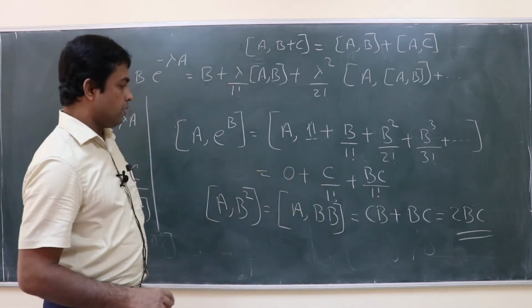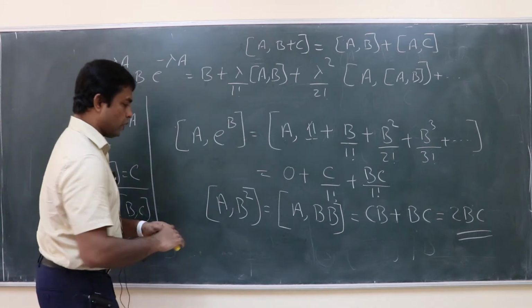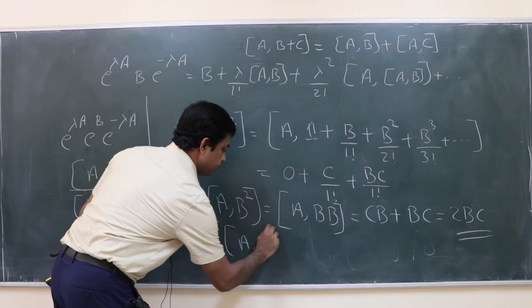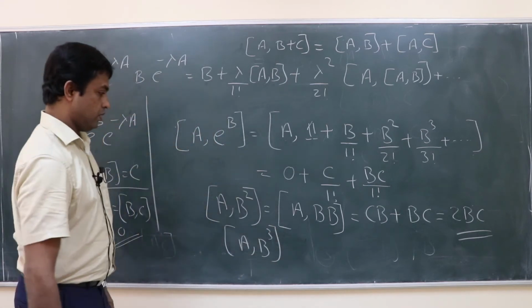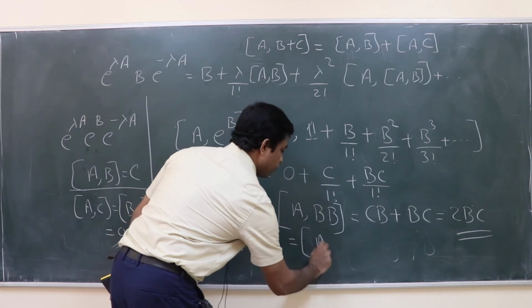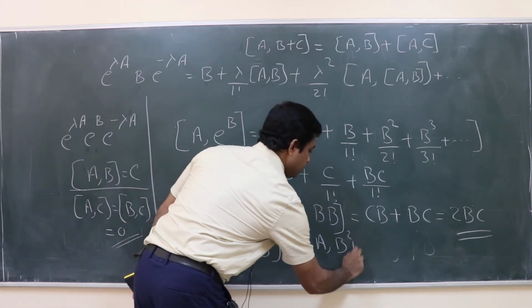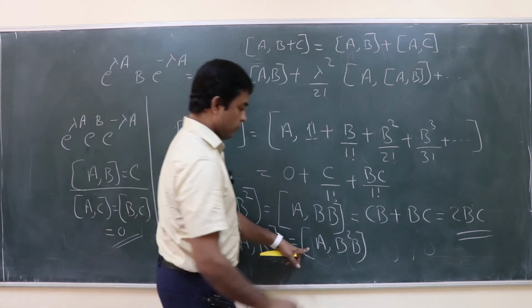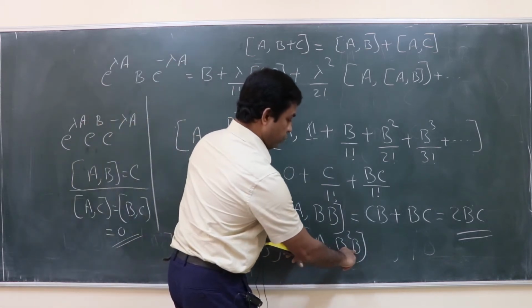Now you tell me, now you understood, what will be the commutator of a with b cube? So this one you can split as the commutator of a with b square into b. So first is a with b square into b, plus b square into the commutator of a with b.